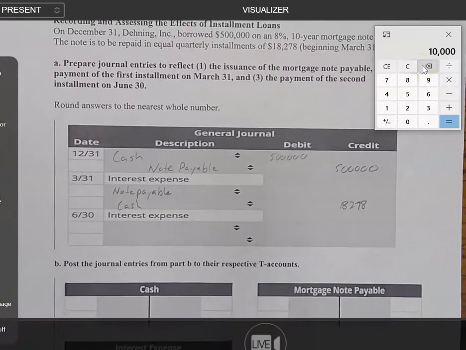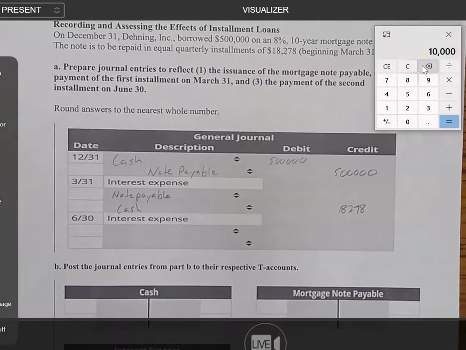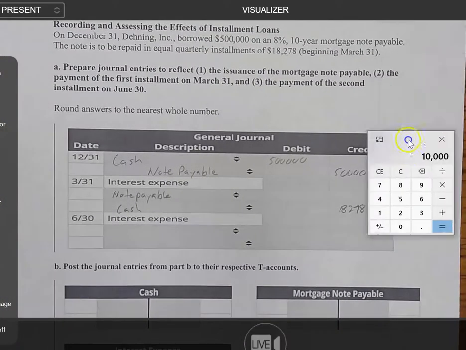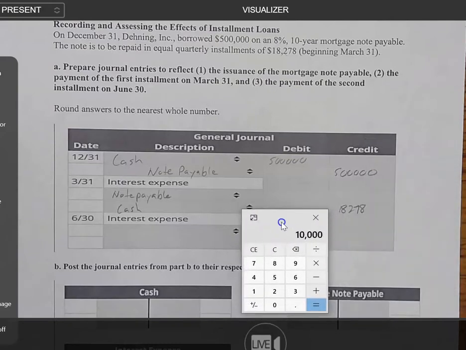The other thing that we could have done, since we know that we're making 4 of these payments, is we could have taken this 500,000 and, well, let me back up. We could take 8% and divide by 4, and that's going to give us 2%, and then we could multiply that by 500,000.